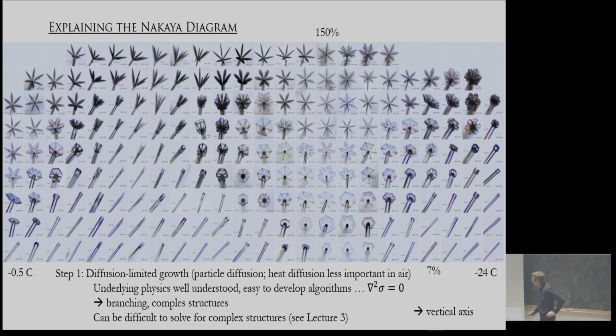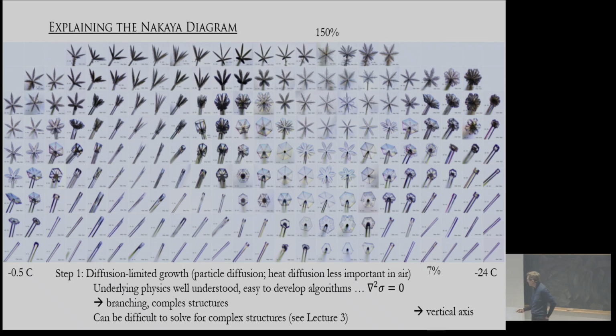The first step, which I talked about in the first lecture, was diffusion limited growth. That physics is pretty well understood. It's mostly particle diffusion. We mostly ignore heat diffusion. It's less important. It's not always negligible, but particle diffusion is the big player. The underlying physics is well understood.